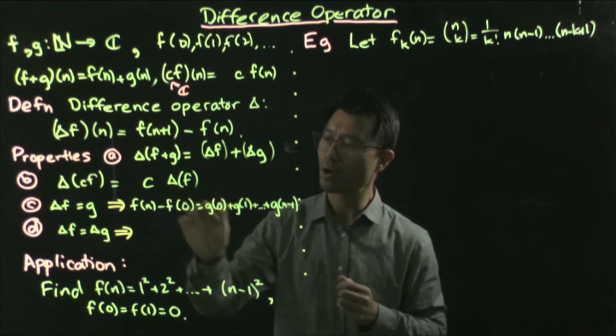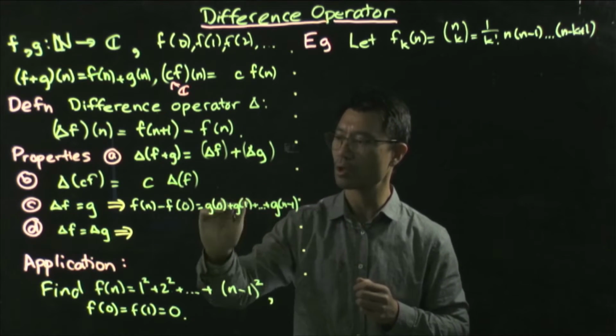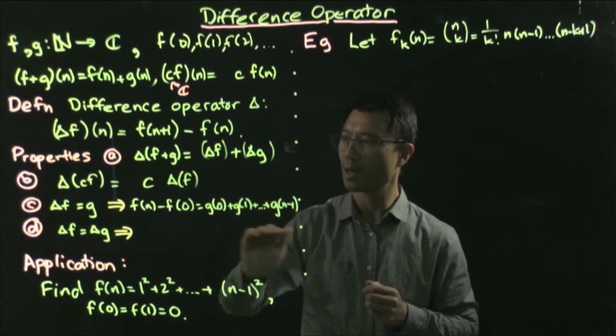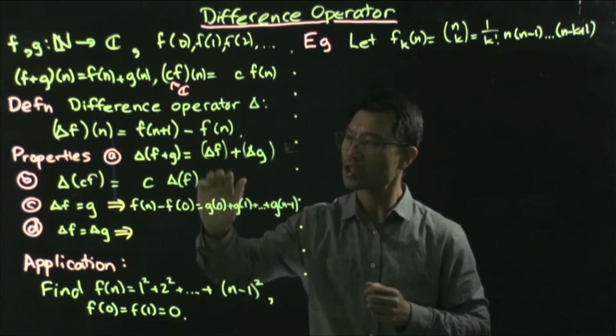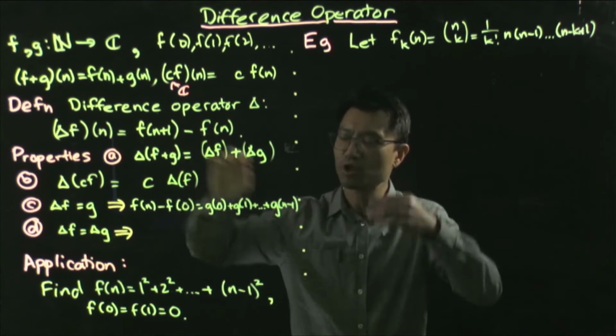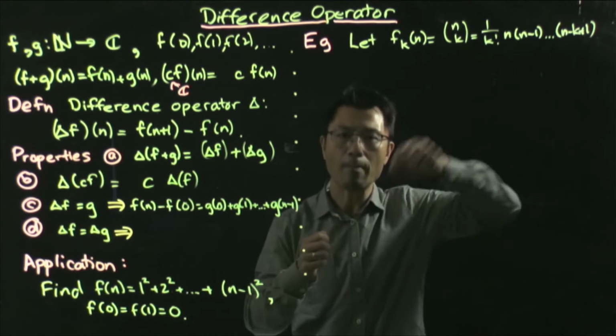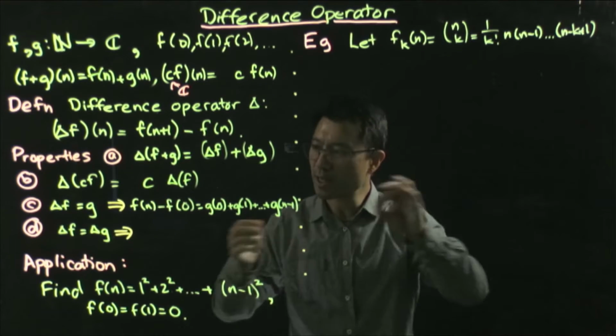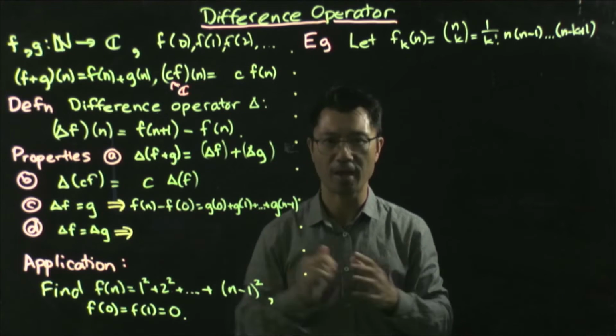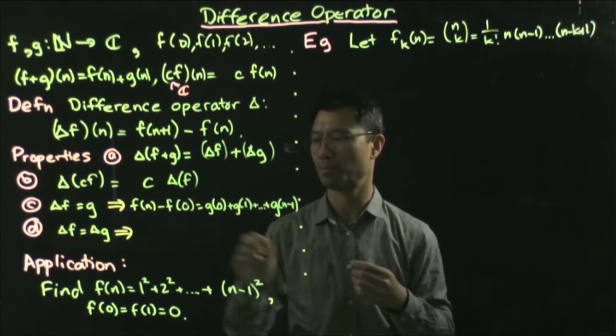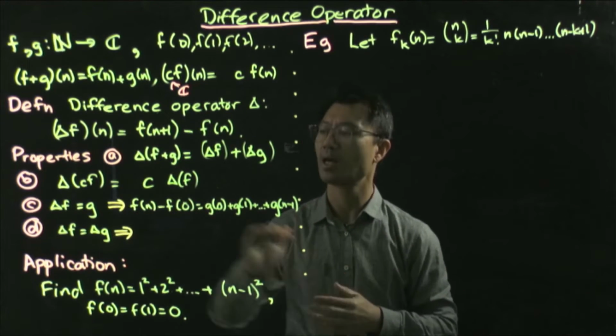So why is this true? It's very easy to see why this is true. These g's are just the differences between consecutive terms. So if you sum up all the differences between consecutive terms going from f of 0 up to n, you'll get the total difference between f of 0 and f of n. That's what you see.